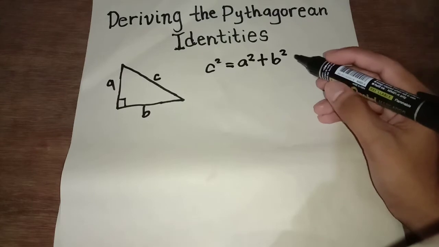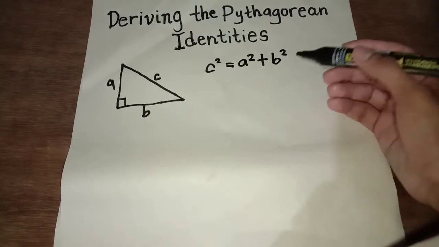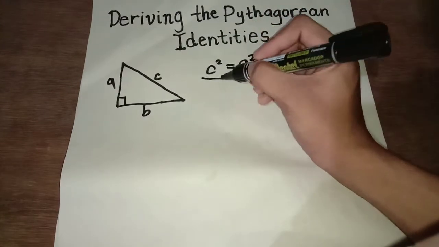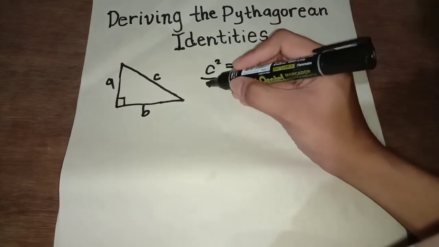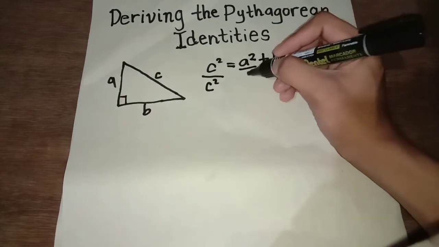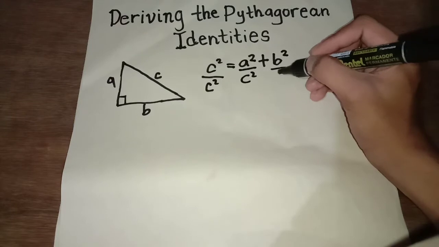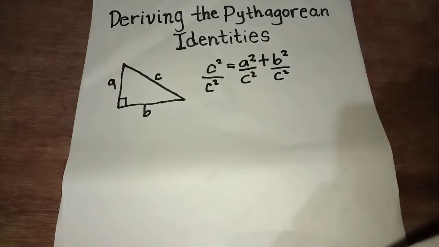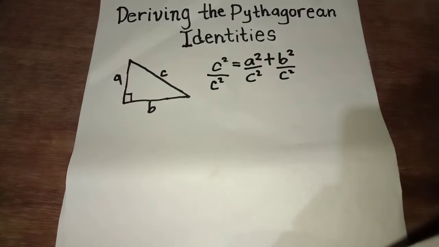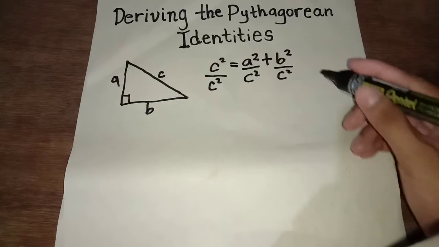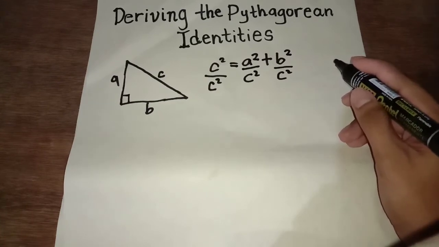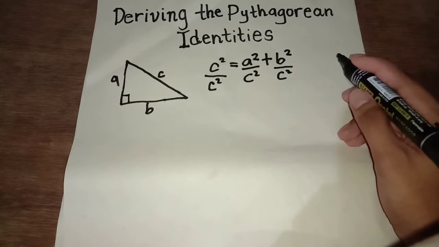So we're gonna be finding relations here. Let us just divide both sides of the equation by c squared, and let's see what relations or identity we're gonna get.